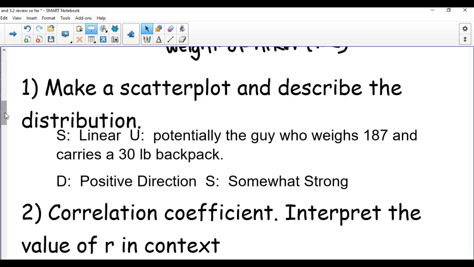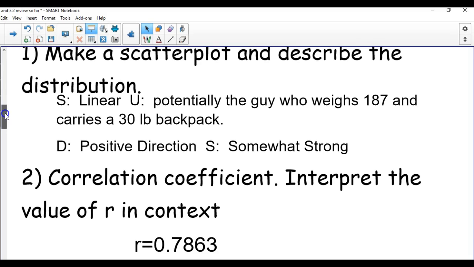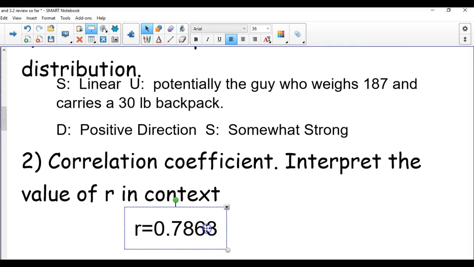Let's go down to number 8 and calculate your linear regression there. So you can see you have your A, which is the Y-intercept of your regression line, your B, which is your slope, your R squared, which we will use next week, and your R value, which is your correlation coefficient. And I got my correlation coefficient to be 0.78, I accidentally wrote it down wrong. It should be 0.7836, excuse me.